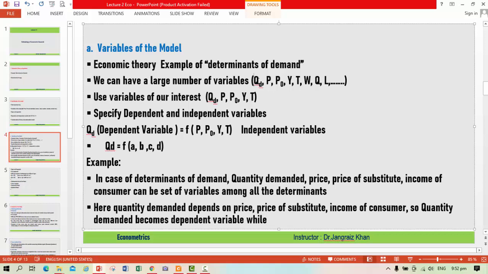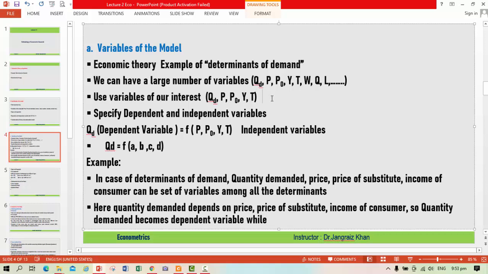So what we usually do is take the variables of our interest. The variables of interest means the variables which you see are more important. For example, in this case, we have taken the price of the substitute, income, and tastes, as we discussed in the previous lecture as well.